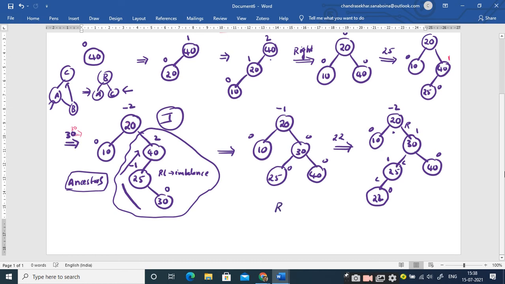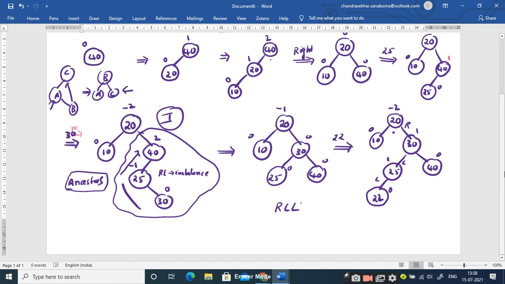Am I right or not? So 22 is inserted at what position from 20? It is inserted as left of right of 20. But do we have any left of, right of, left of like that? No, sir. So we have only two things, right of left, or left of right.